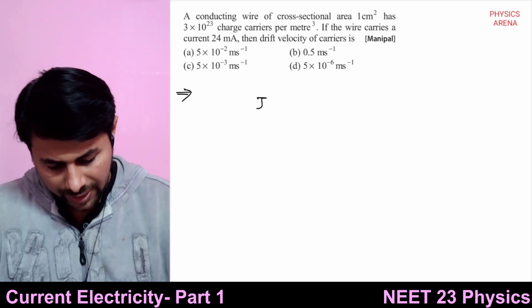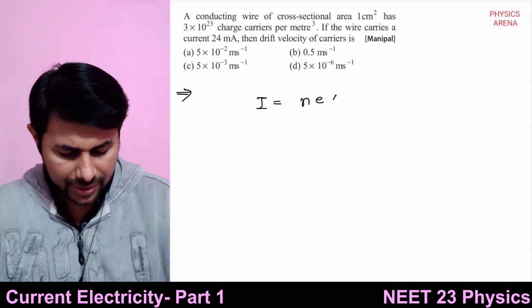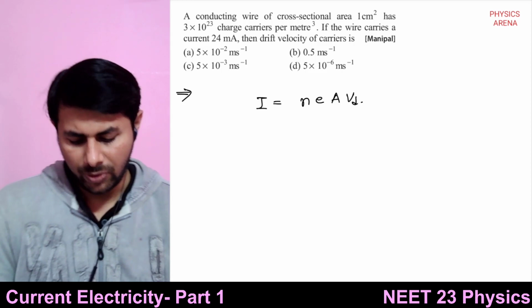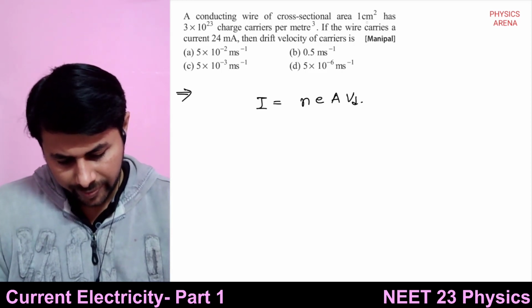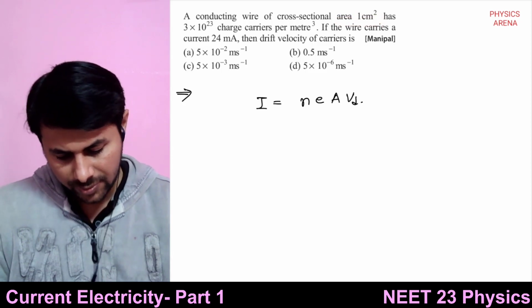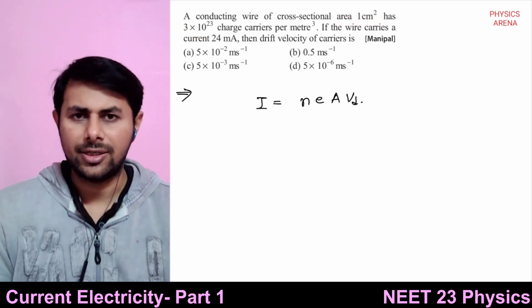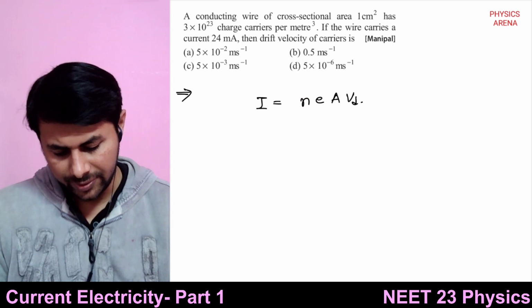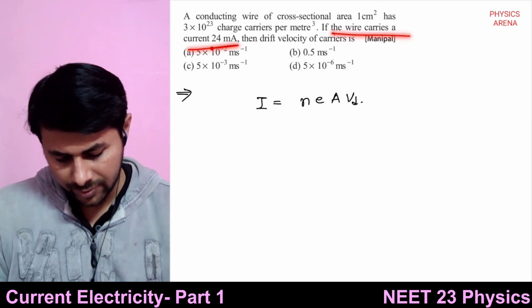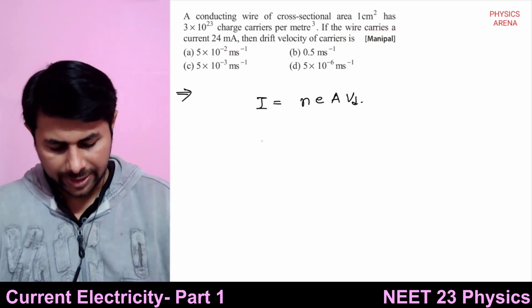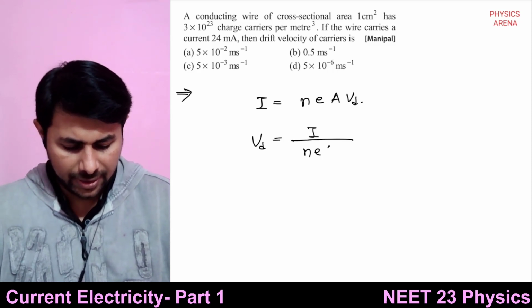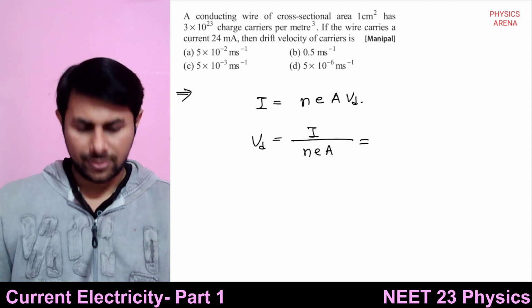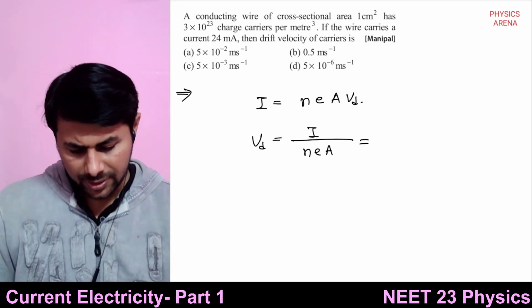So I is equal to NEA VD is the formula. Everything is given: area is given, charge carriers per meter cube means N is given, and current is given. So this is straightforward. VD is equal to I divided by NEA.